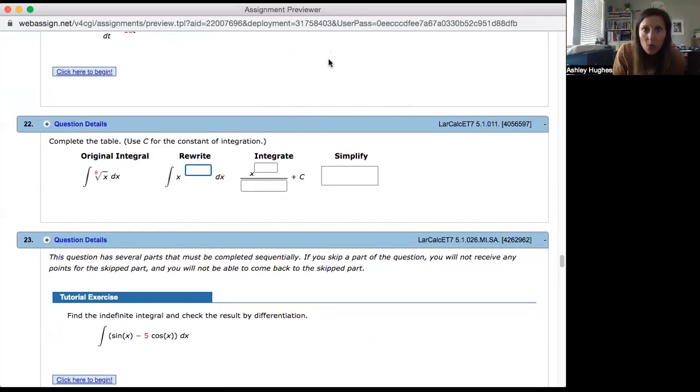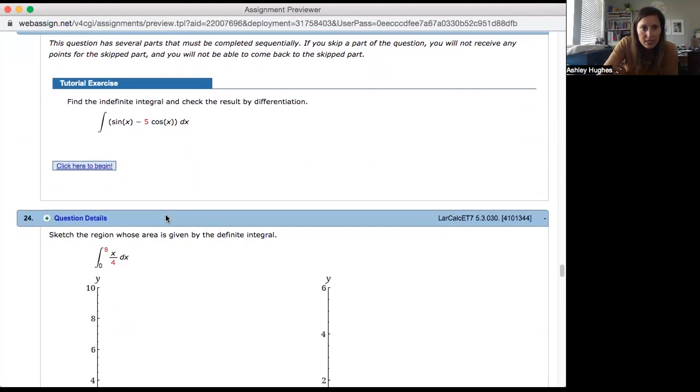And again, I have a whole video over exponent rules. So if you're confused about exponent rules, check that video out. You're going to add 1. So adding 1 is adding 8 over 8. So that becomes 9/8. Then you divide by 9/8, which is multiplying by 8 over 9. So 8 over 9 x to the 9/8 plus c. Remember, adding 1 is just adding a number over itself.